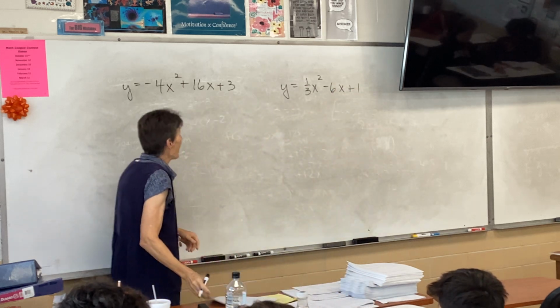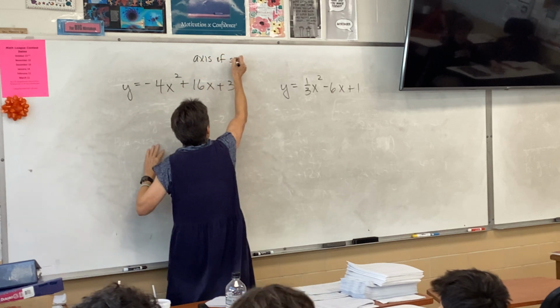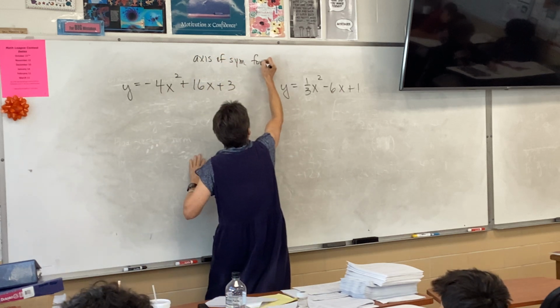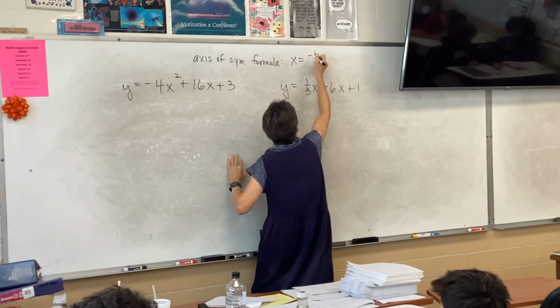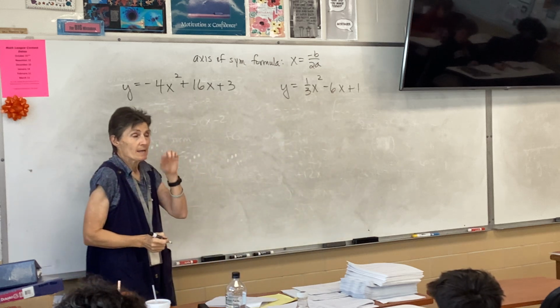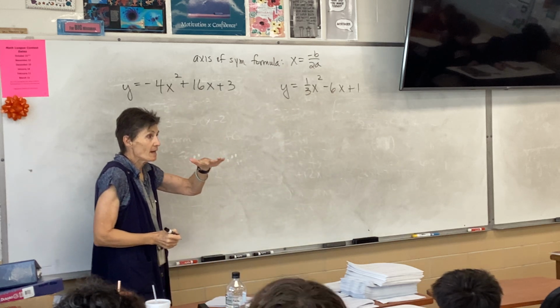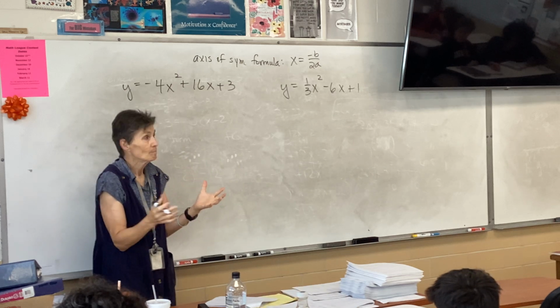Yeah, actually the axis of symmetry formula is x equals -b over 2a. And the b and the a are the same as they are in the quadratic formula.